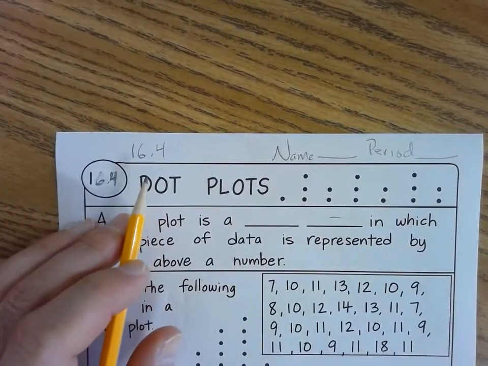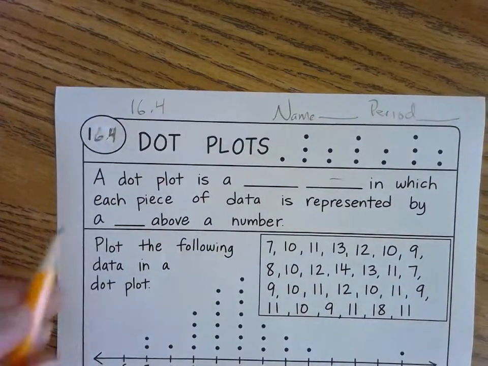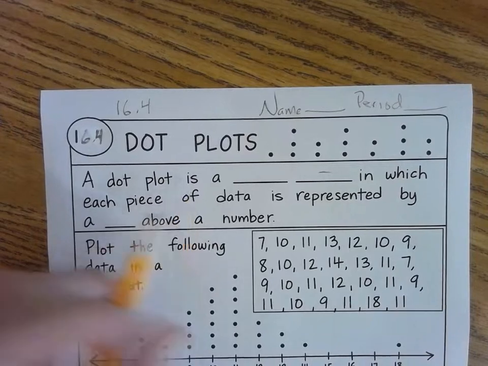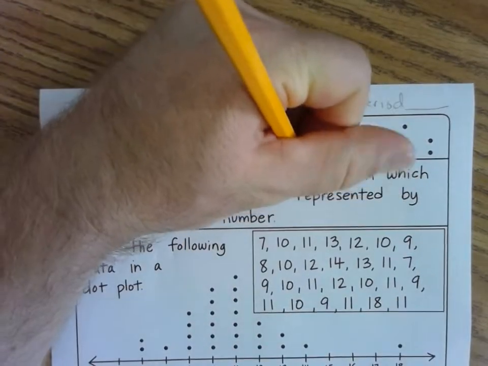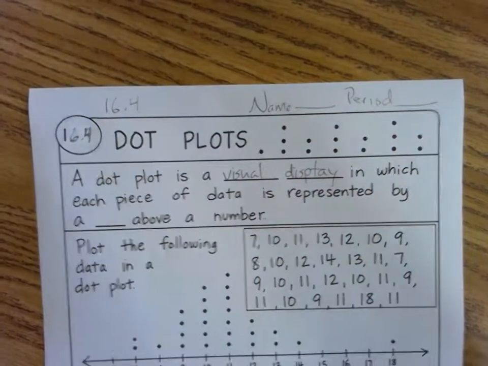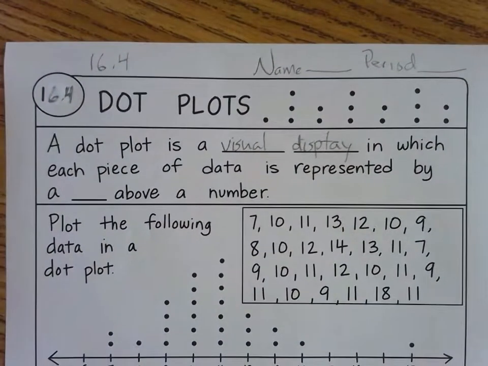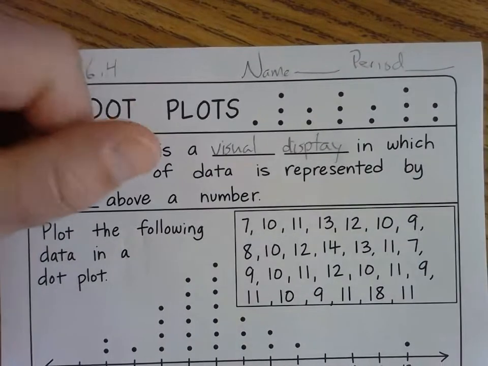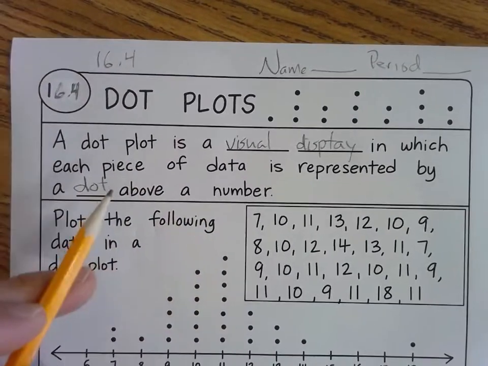All right, so dot plots, we looked at that video yesterday, but a dot plot is a visual display in which each piece of data is represented by a dot above a number.